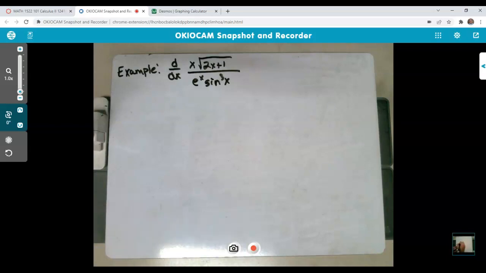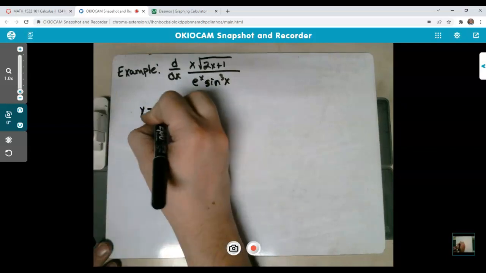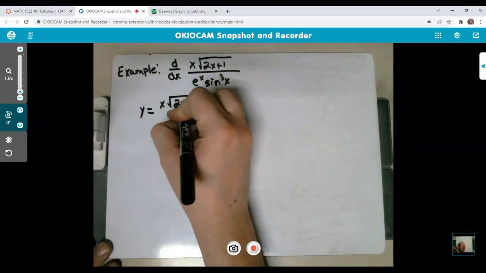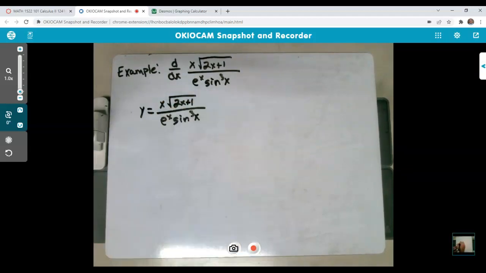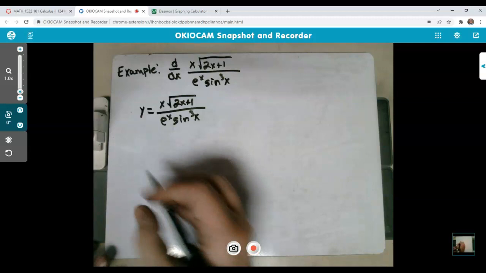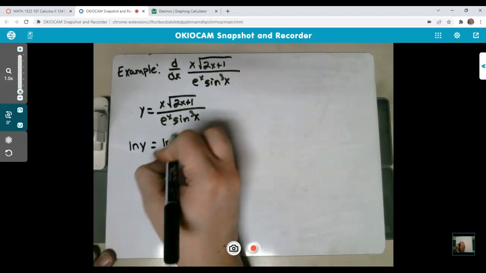And so we can do the same thing for this one. We can rewrite this as y equals x square root of 2x plus 1 over e to the x sine cubed of x. And I can rewrite this with the log rules to help us out. So I can take the natural log on both sides.